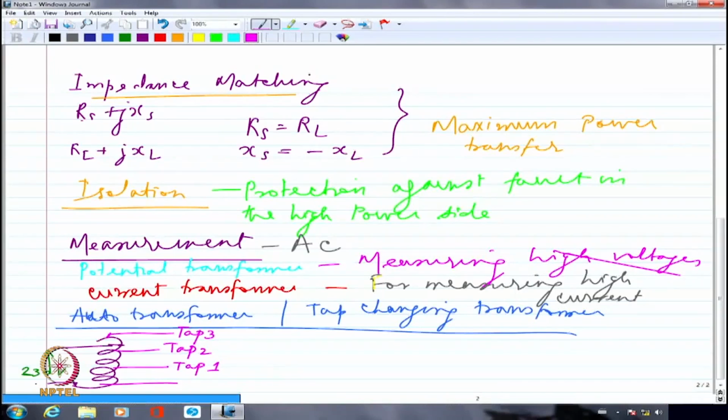to another. These applications are very much prevalent in our substations and it may be there even in your generating station, switchyard. Because let us say my generator is generating 15 kilovolts and I am trying to step it up to 400 kilovolts for transmission.